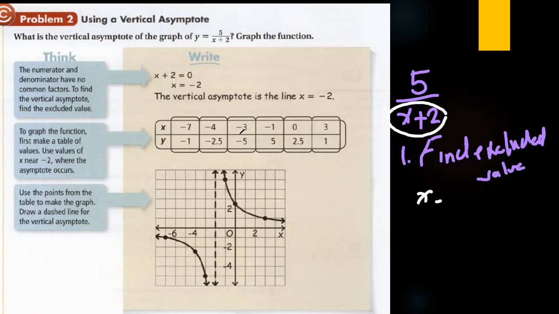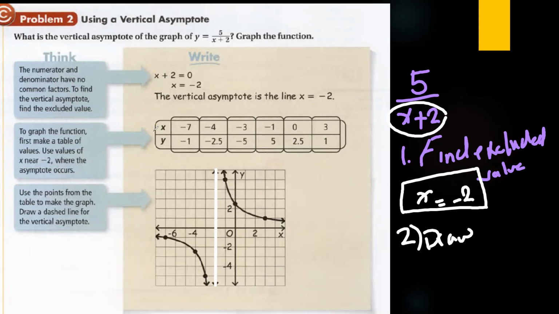At x equals -2, this is the excluded value. So x is not -2. That means I will go to point -2 and draw a line. Did you see it now? This line is an asymptote. So when I find the excluded value, I can draw the asymptote.